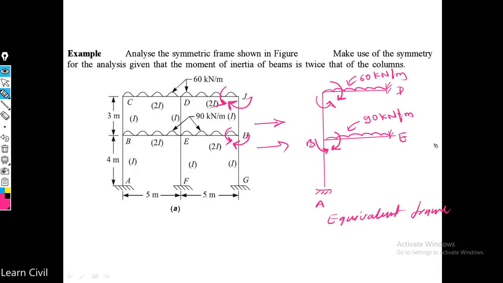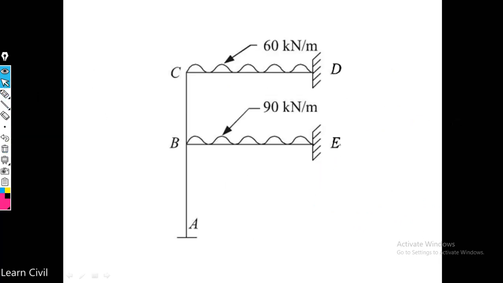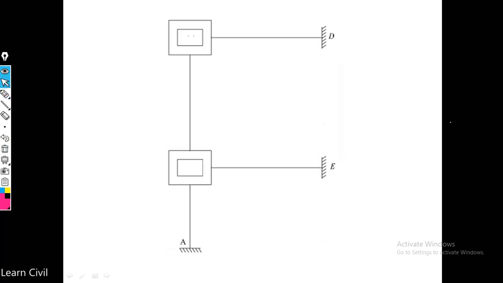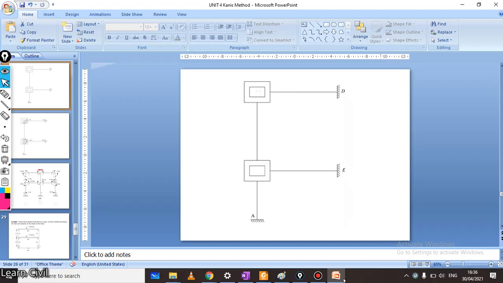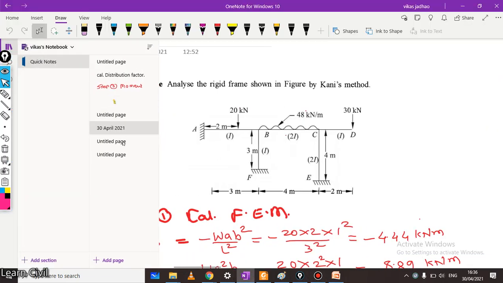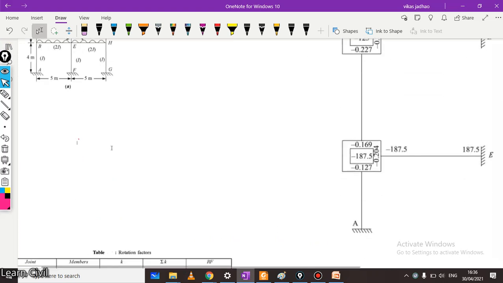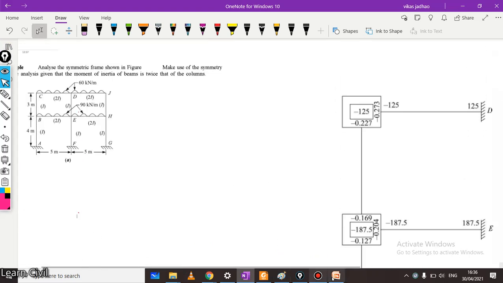Okay, so this is how this equivalent frame is developed. You can see here the equivalent frame will look like this, and we have to analyze this particular equivalent frame. Okay, so we'll start with the problem.